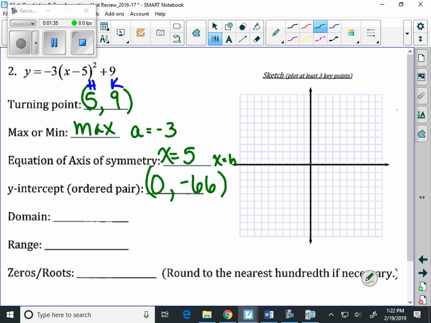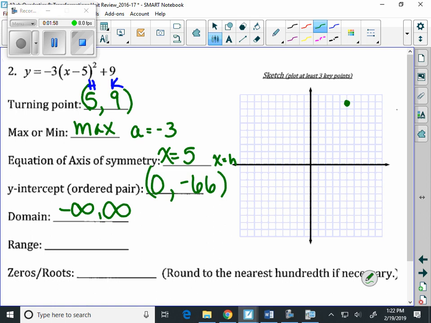Our domain, just like problem number 1, is here. Our range. Well, if we start here, let's get the vertex on here. It's 1, 2, 3, 4, 1, 2, 3, 4, 5, 1, 2, 3, 4, 5, 6, 7, 8, 9. There's 5, 9.